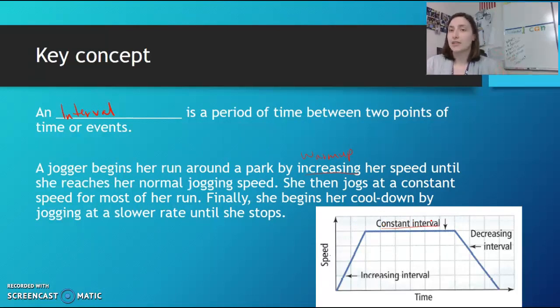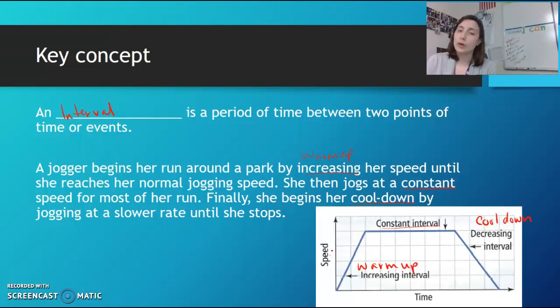She's going to be at that speed for a certain length of time, which means a constant speed for most of her run. And then finally she begins her cool down by jogging at a slower rate until she stops. And so this would be that cool down period, whereas this was our warm up period.